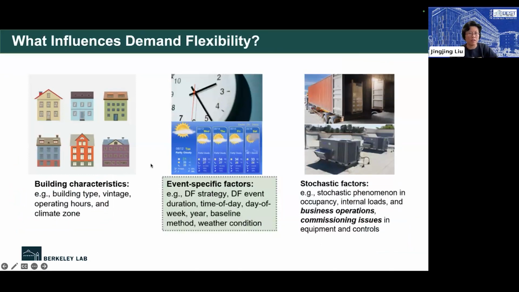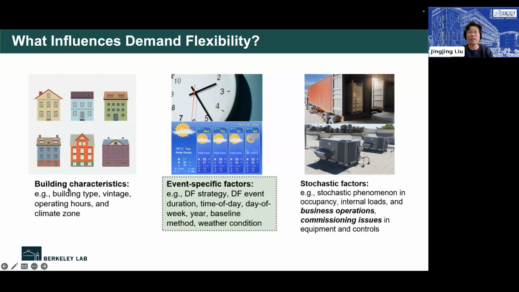demand response field performance. Even for a very simple demand flexibility strategy that we just looked at, changing the HVAC thermostat setting, the resulting performance in the field can actually be quite complex because there are many, many factors at play. We have been doing research work around benchmarking demand flexibility performance in real buildings in the field for a few years by now.